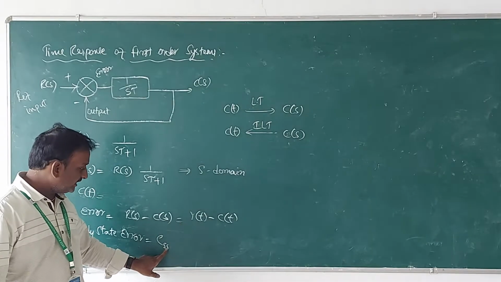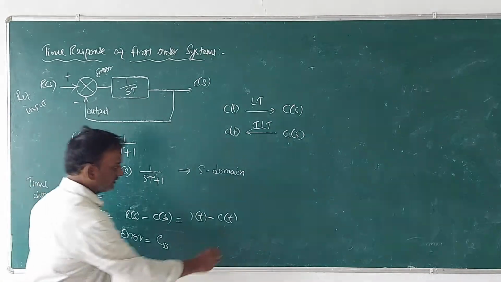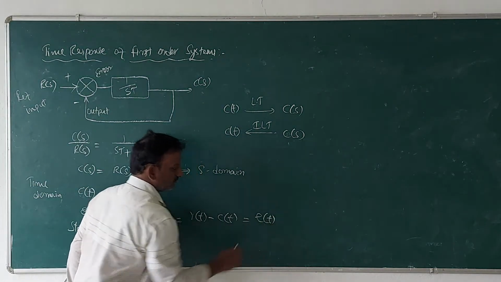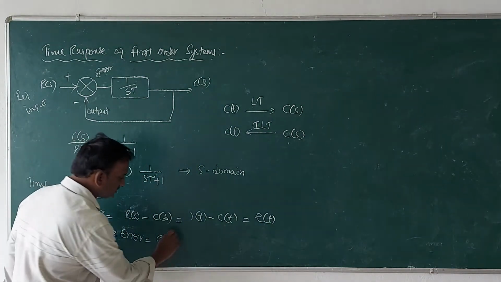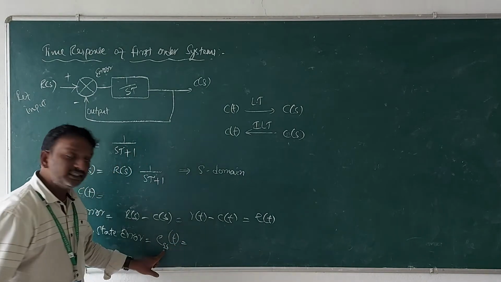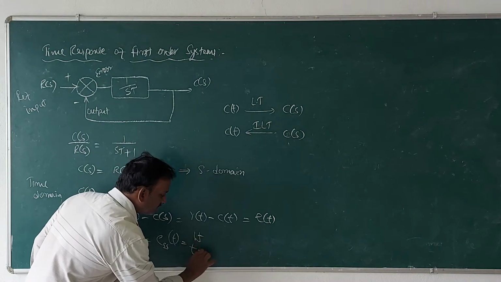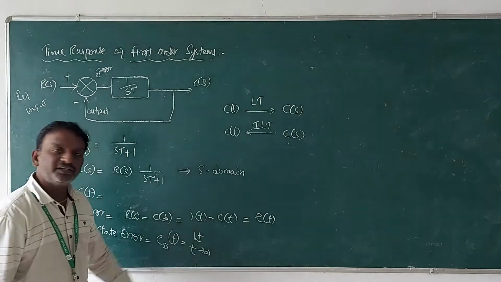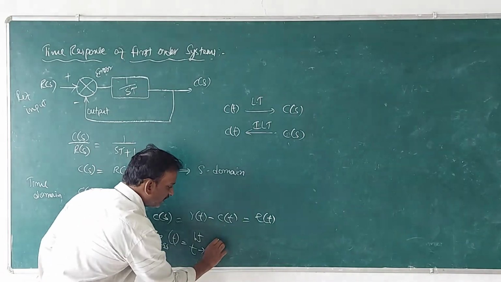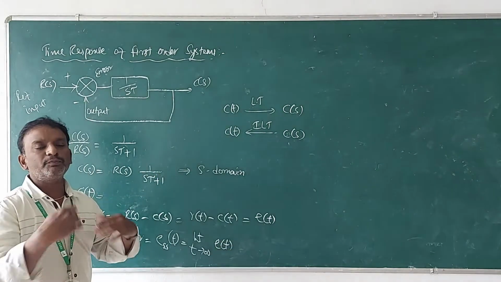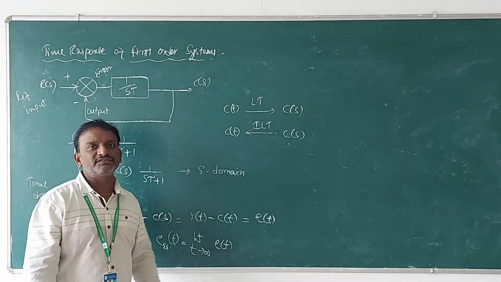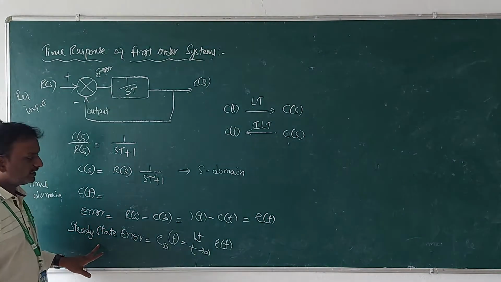SS indicates steady state, E indicates error. So e_ss is the limit as t tends to infinity of e of t. In the error you put t value as infinity, then you get the steady state error.